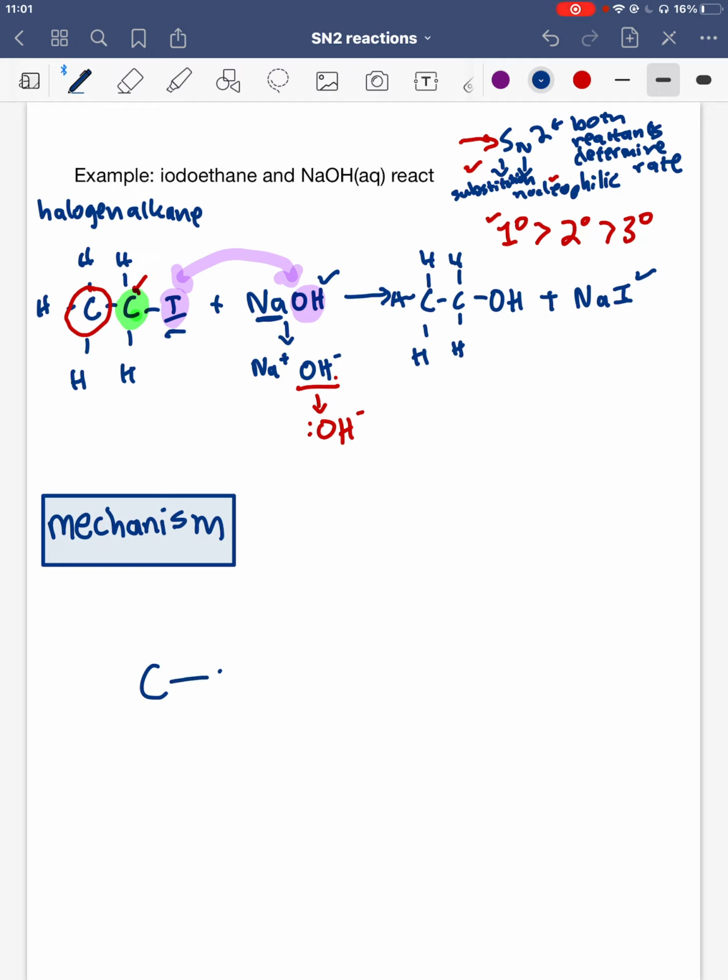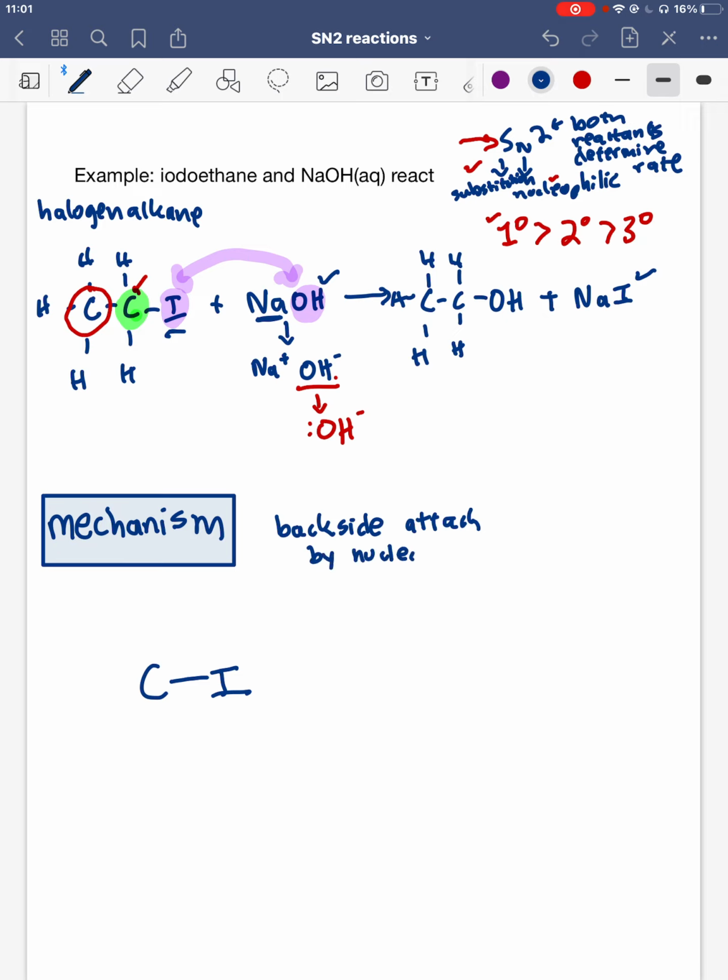So this carbon is attached to an iodine atom. And now I need to draw everything else that it's attached to, and I want to draw it in such a way that I'm leaving space for the carbon to be attacked, because the entire molecule does need to arrange itself so that the carbon can receive what's called the backside attack by the nucleophile.